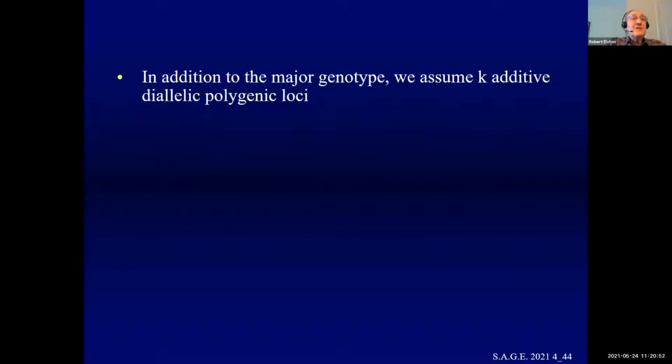So in addition to the major genotype, we assume K additive diallelic polygenic loci. Typically, I will use 3 for K. We found empirically that once K is 3, it doesn't make much more difference. You can go to 4 or 5 if you want to.